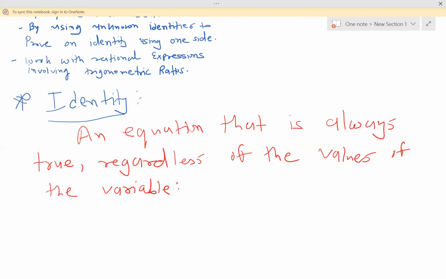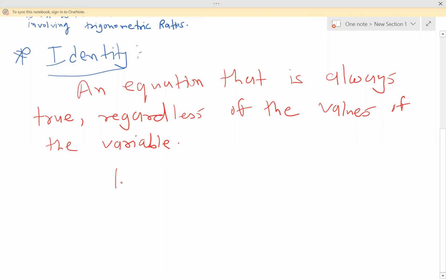Let's take one example, then you will get it more clearly. Can you tell me what tan theta is equal to? If I want to write it in sine and cosine form, what can I write instead of tan theta? Sine over cosine. Perfect. So sin theta over cos theta will become tan theta.